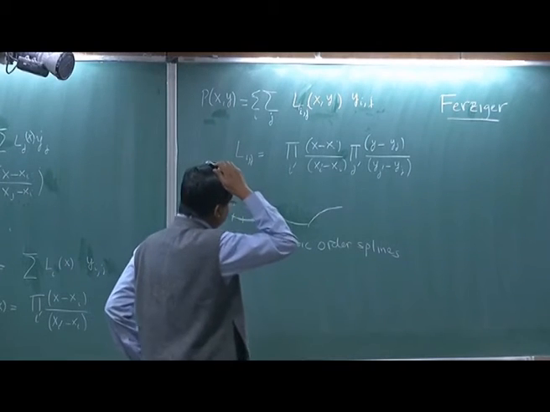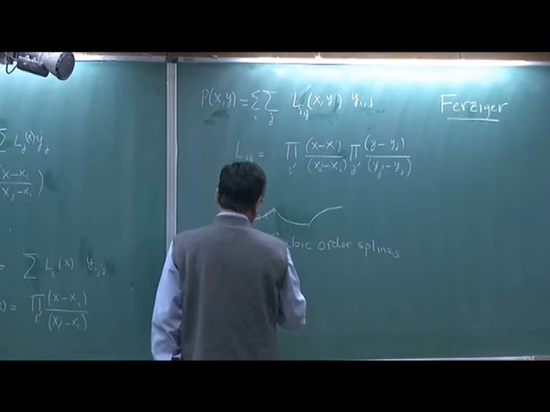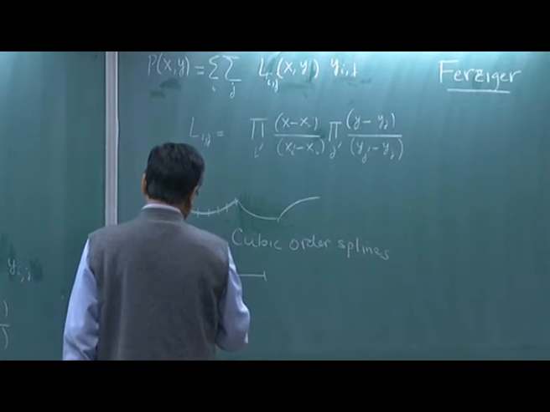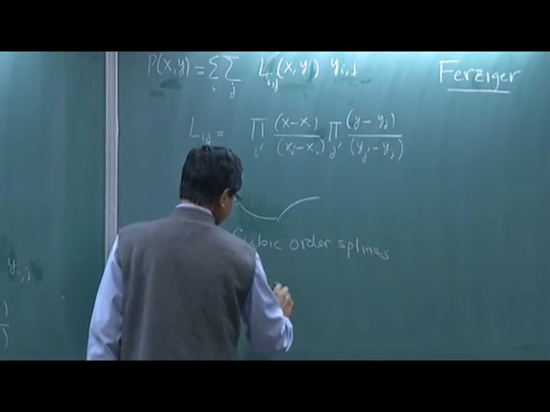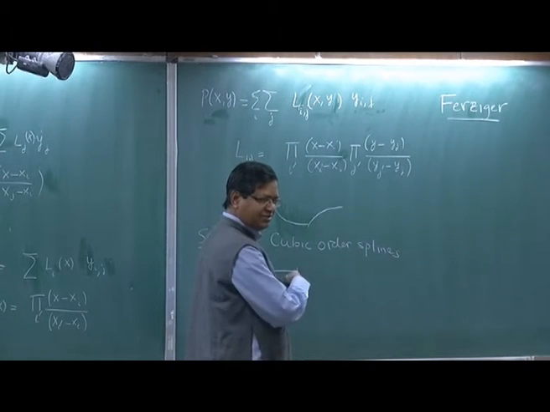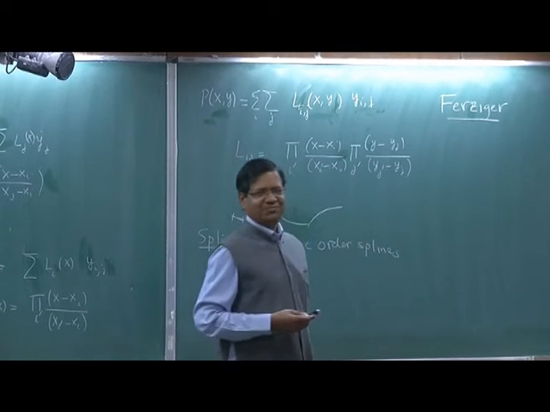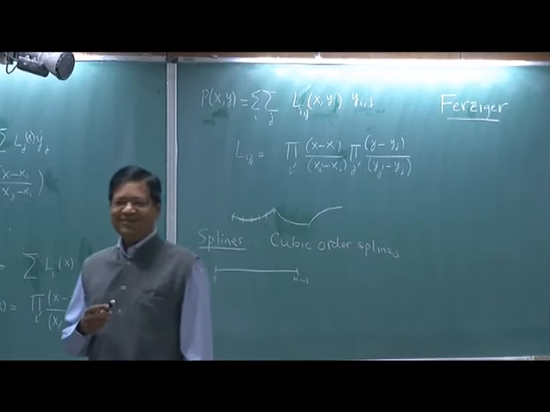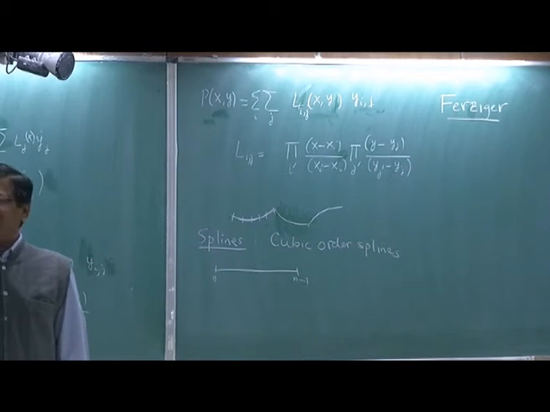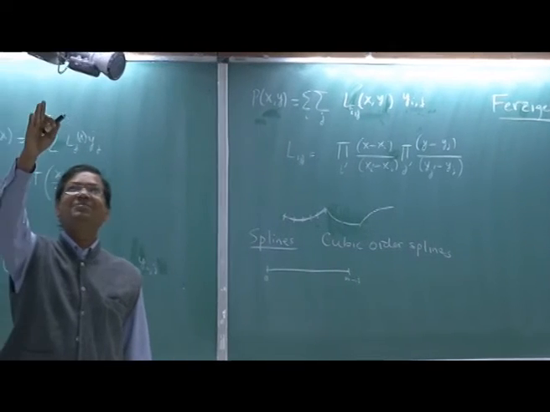Okay. So the idea of spline is, I have again n minus 1, points 0 to n, but I want to construct a function f passing through these points, which follows the equation of a beam. I don't know how many of you know the equation of a beam, a hanging beam. So this is a beam.